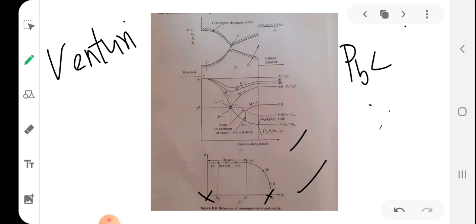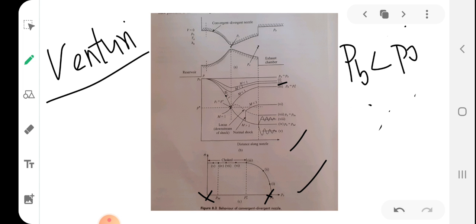When PB is slightly less than P0, Mach number along the length is still less than 1, and the passage acts as a Venturi. Again the back pressure is reduced further to a value corresponding to the second case, a value less than P0, but Mach number is still less than 1.